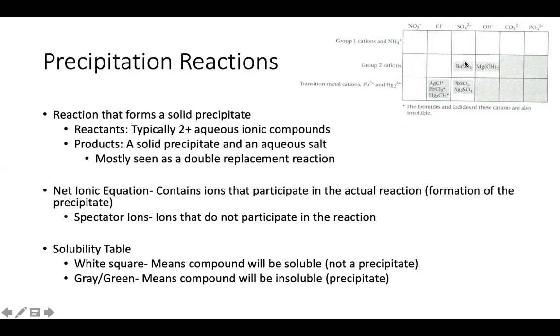And so from that, we know that barium and sulfate make my product, and so these should all be included in my net ionic equation. But the potassium and the nitrate that don't form the solid product, those are spectator ions and would be left out.